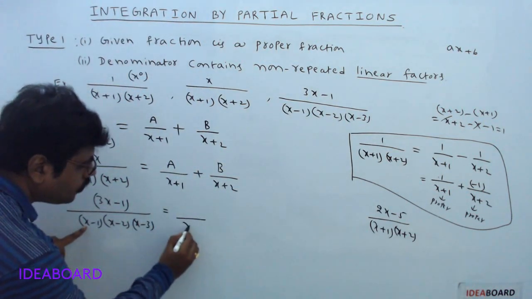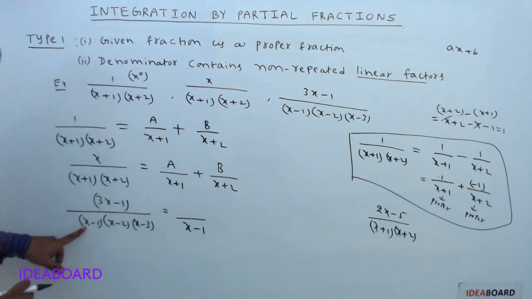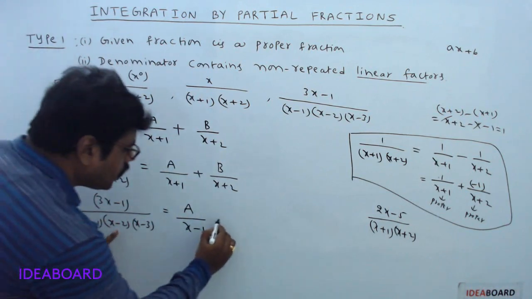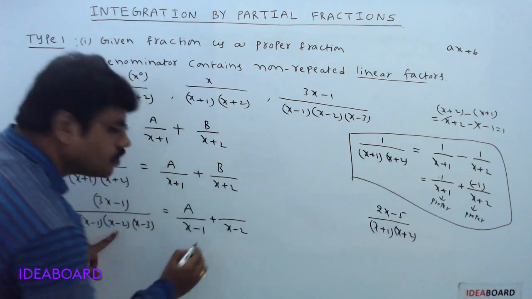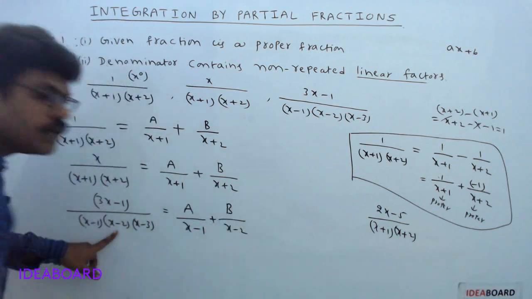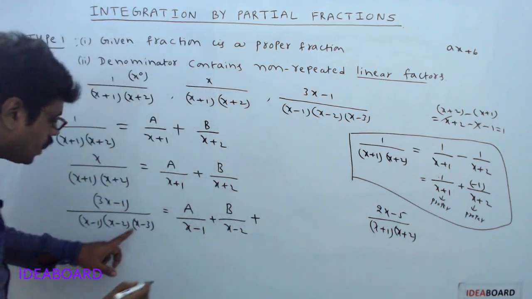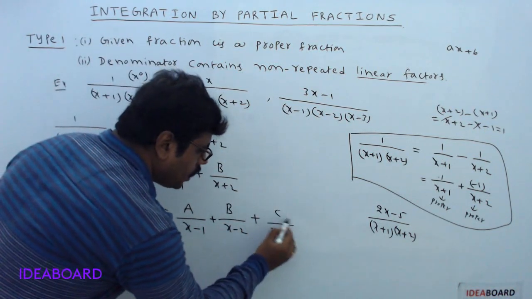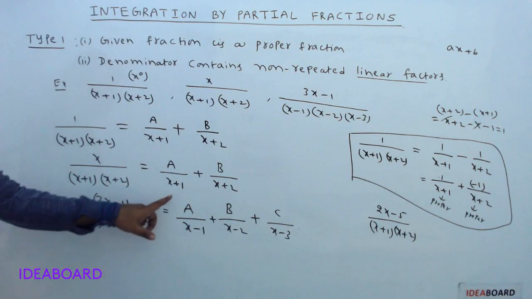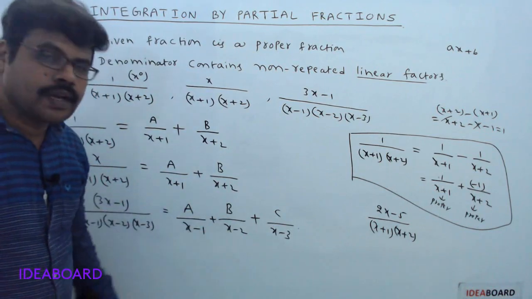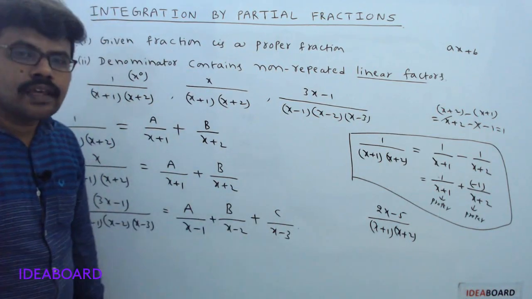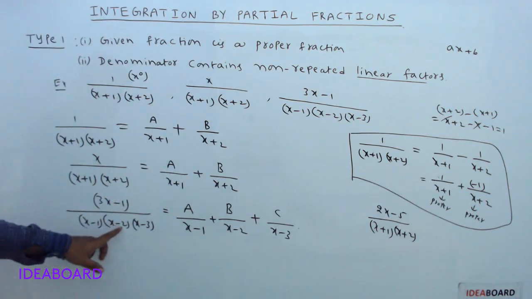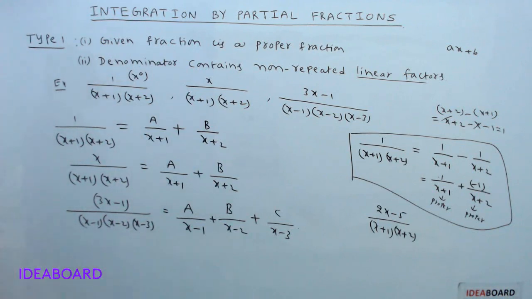So, corresponding to every non-repeated linear factor, you can write down a constant term in its numerator. Now, corresponding to this x minus 2, you can take a constant term in its numerator. Plus, corresponding to this x minus 3, you can take a constant term, let it be c. Now, here a by x minus 1, b by x minus 2, c by x minus 3 are the partial fractions of 3x minus 1 divided by (x minus 1)(x minus 2)(x minus 3).